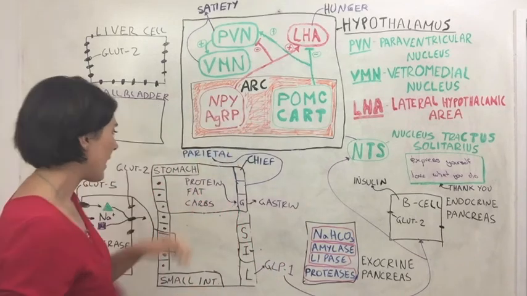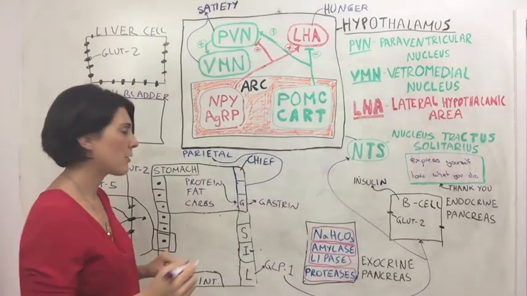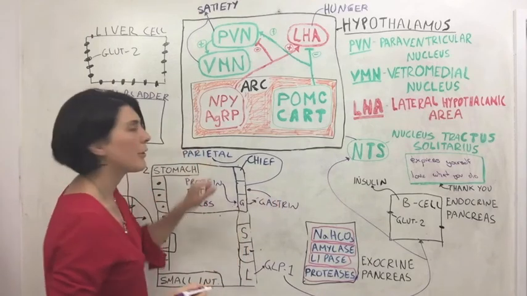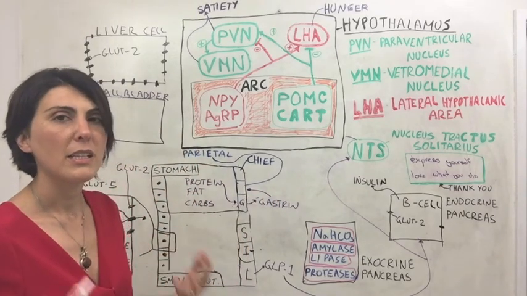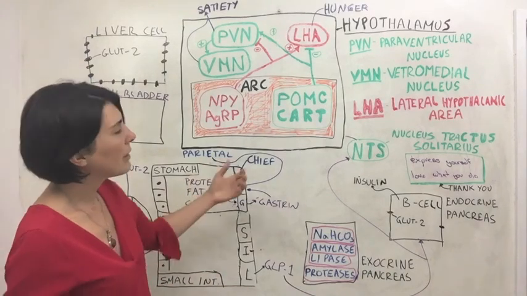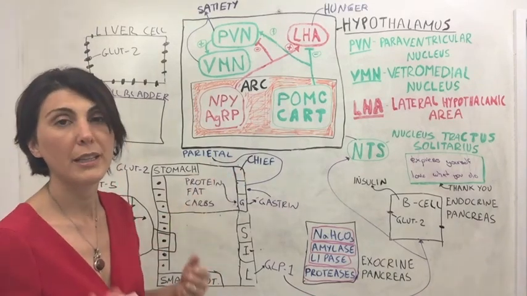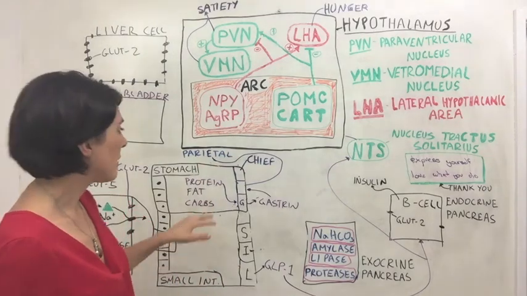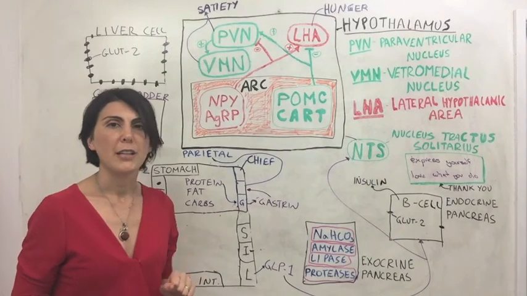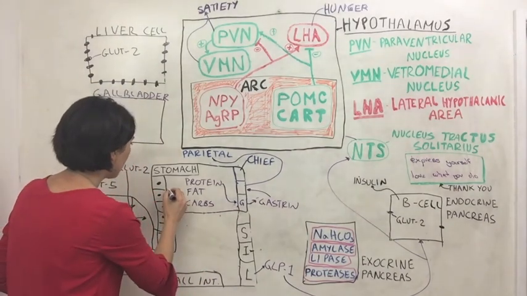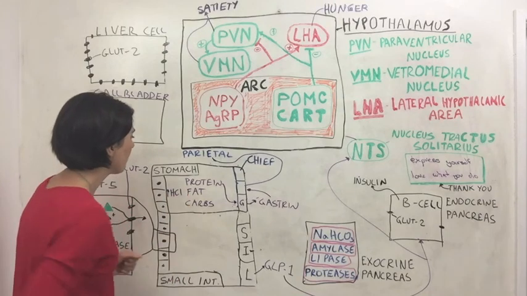Gastrin then acts on the parietal cells, and that causes an increase in the secretion of hydrochloric acid. So we had already increased the secretion of hydrochloric acid during the cephalic phase, which is before you eat. But now it's further enhanced through the action of the hormone gastrin. So we get an increase in HCl.